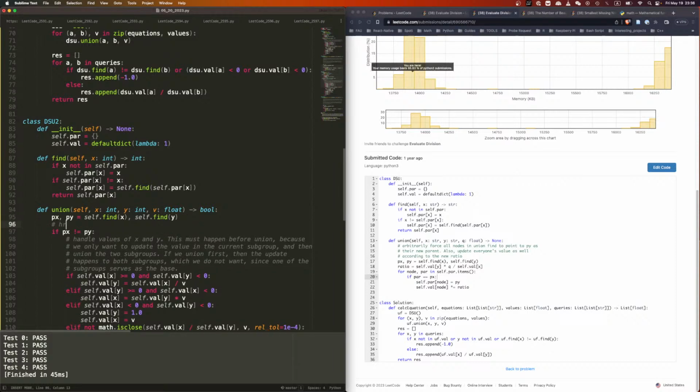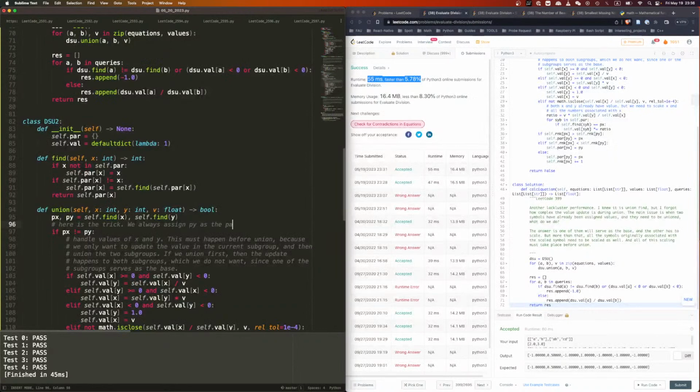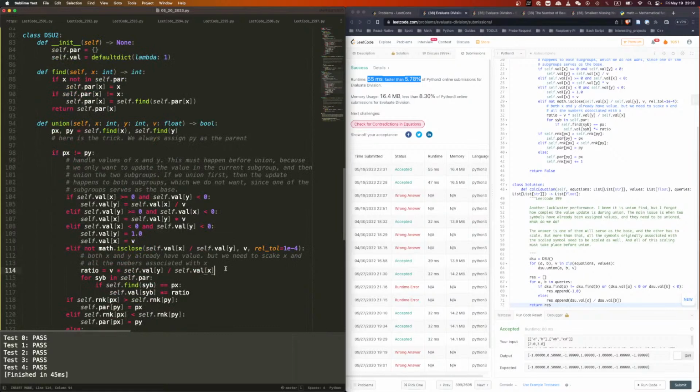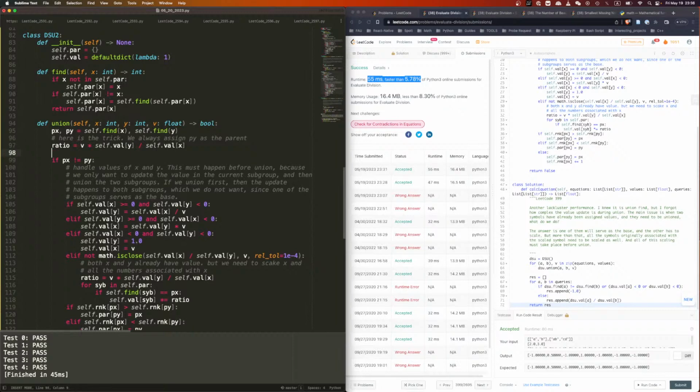Now, here is a trick. We always assign py as the root, as the parent. It does not matter what. So then we can compute a ratio. We'll update all the values associated with x.